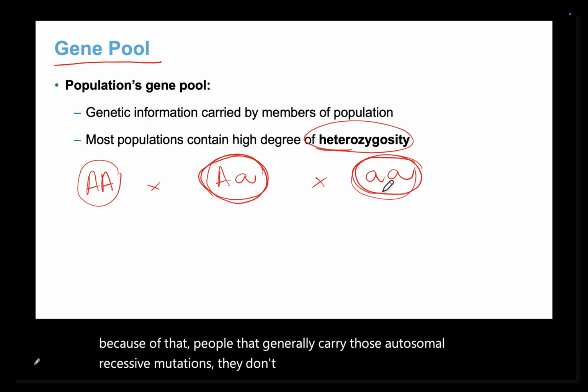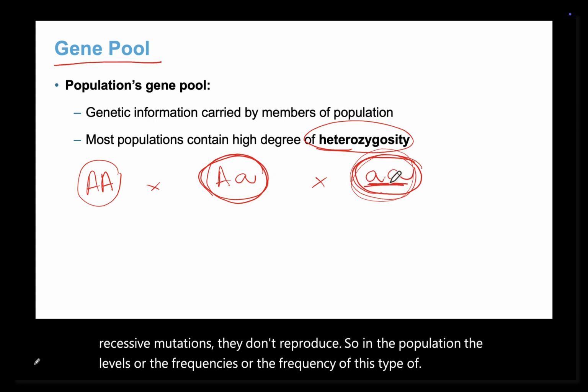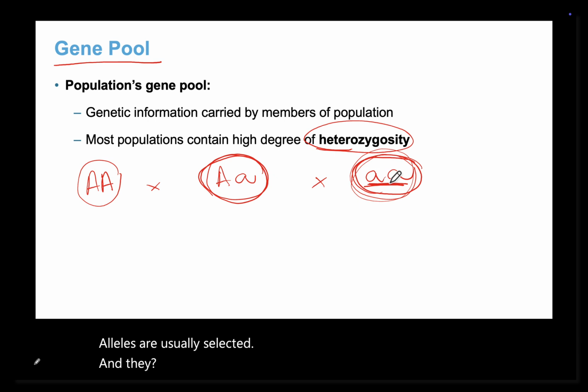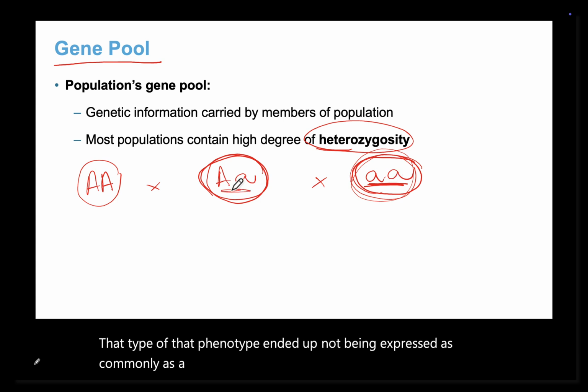So in a population, the frequency of this type of allele is usually selected against, and that phenotype ended up not being expressed as commonly as a heterozygous, for instance.